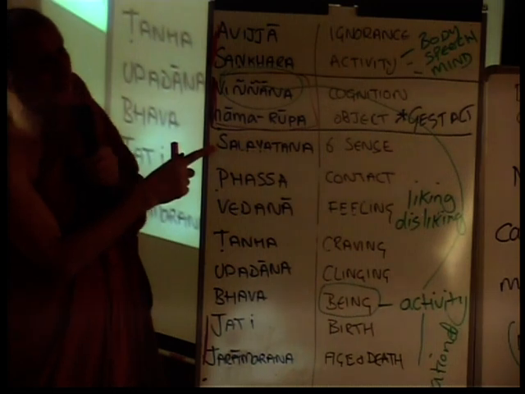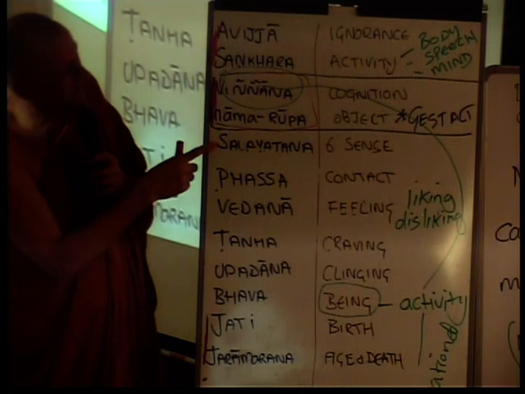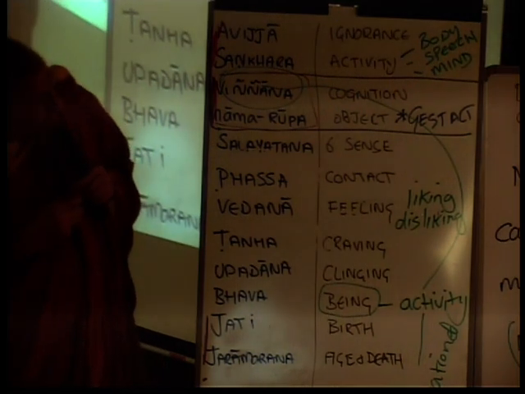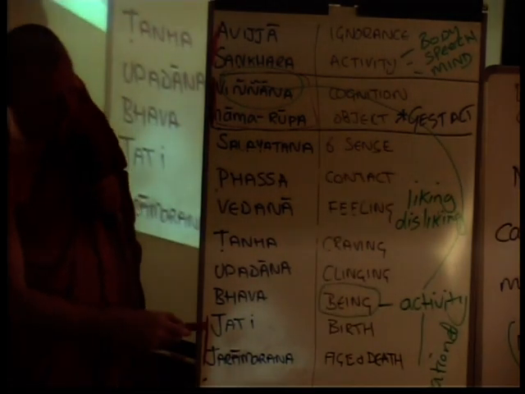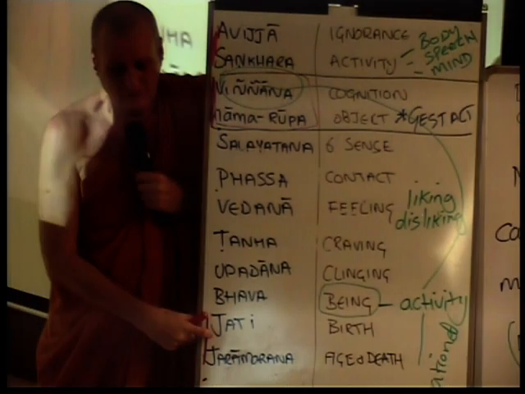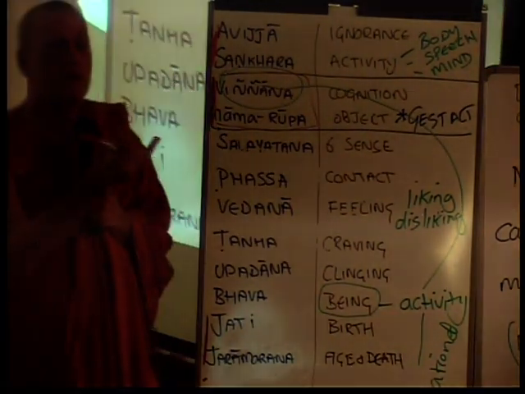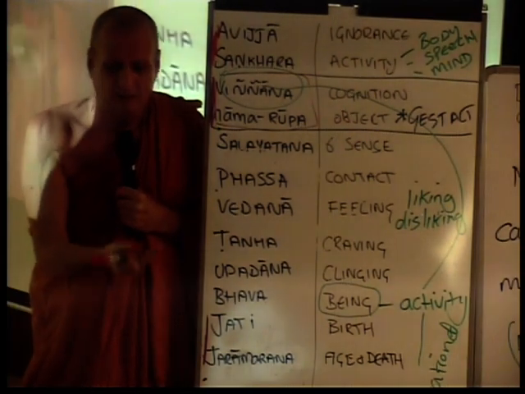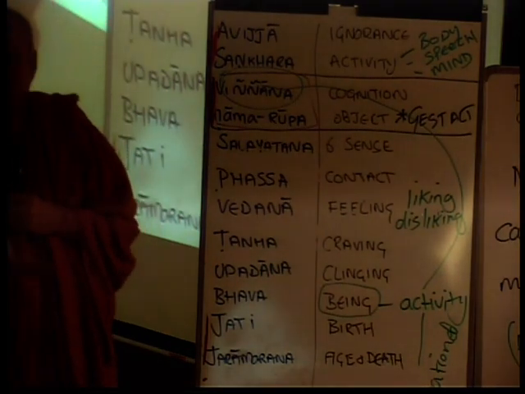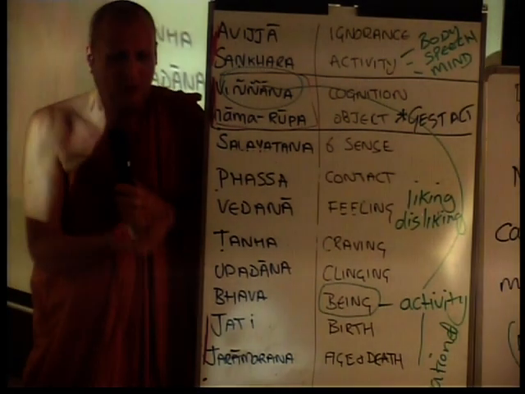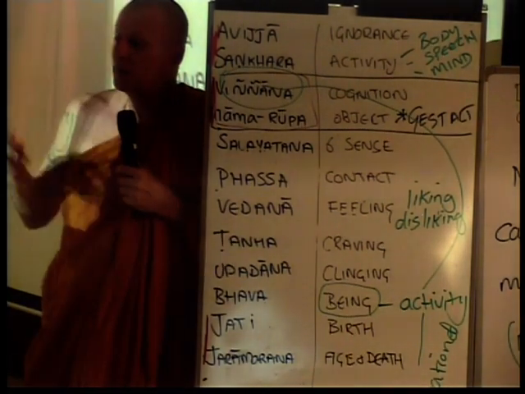This one, by the way, is very often missing from dependent origination. It's not vital. So the instantaneous model is all of this appears in one go. The problem is jati means rebirth. And every definition in the sutta says, here I was reborn in this life, I did this for my work, I ate this kind of food, I wore these kind of clothes, here I passed from that lifetime, and I was born in this clan.